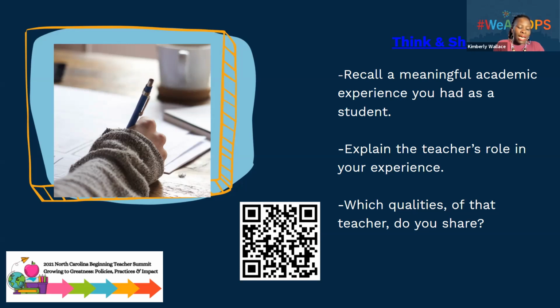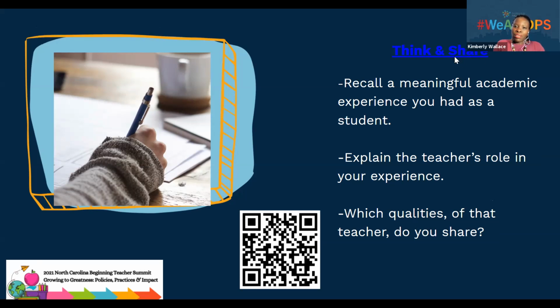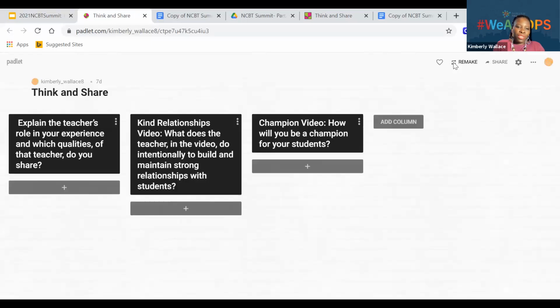If you notice on your screen, there is a QR code. There is also a hyperlink on your participant guide for the Think and Share. Once you click on that link or use your QR code, you will have the opportunity to go to our Think and Share Padlet. I want you to focus on column number 1. We'll go back to columns 2 and 3 later in our session.